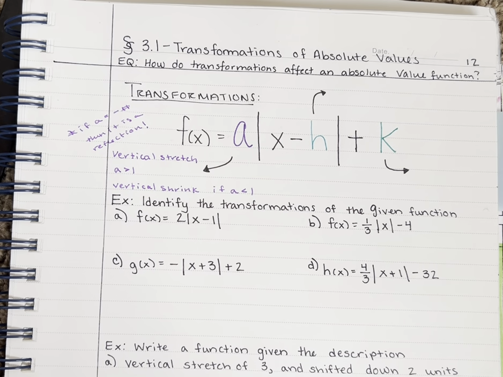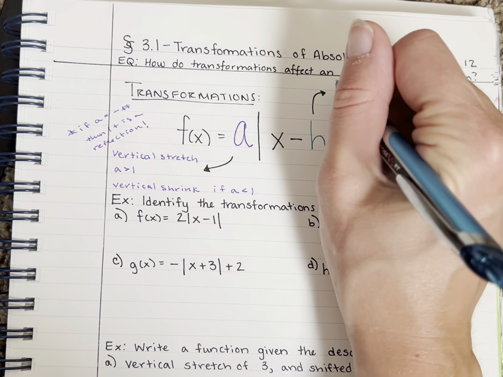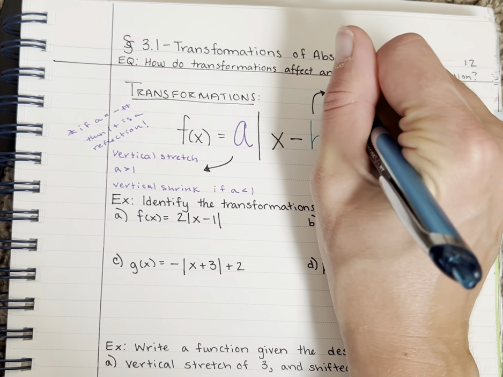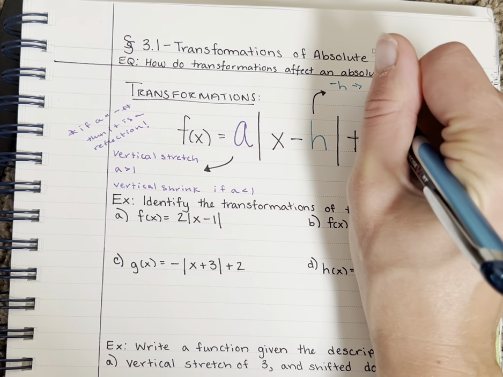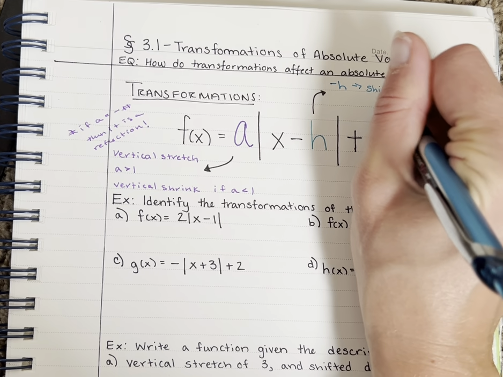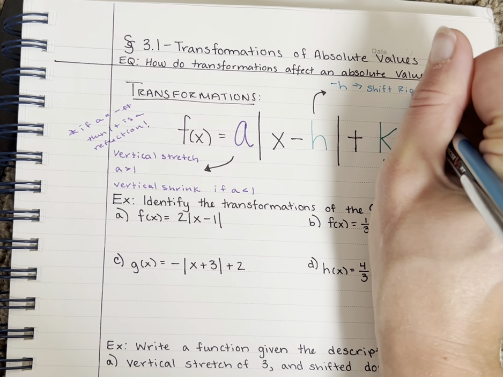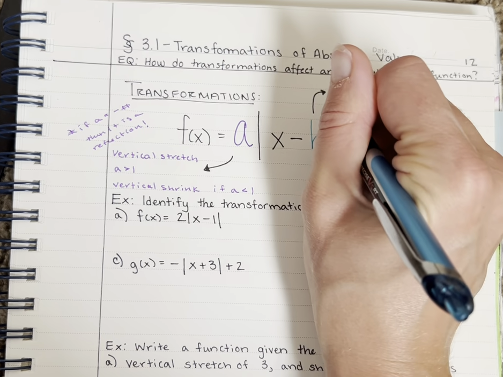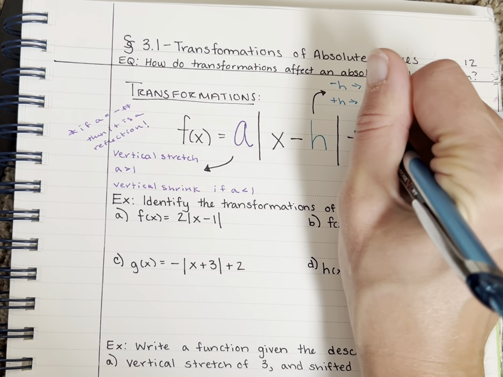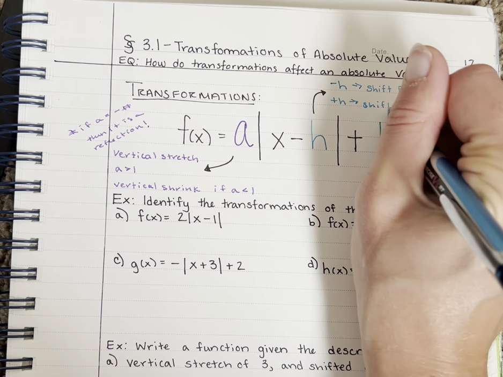H means something different. If you have an H value, this is where the equation shifts either, for example, if you have minus H, then you are going to shift right. If you have plus H, then you're going to shift left.